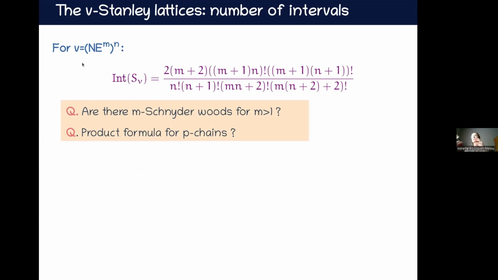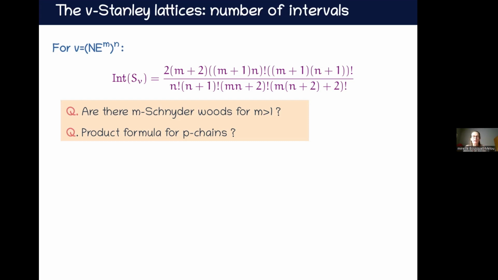And you want to count, I should have drawn a picture, pairs of non-crossing paths above this one. And again, it is given by a Gessel-Viennot determinant, and you have a nice formula, which is the counterpart of what we had formerly for Dyck paths when m was 1.